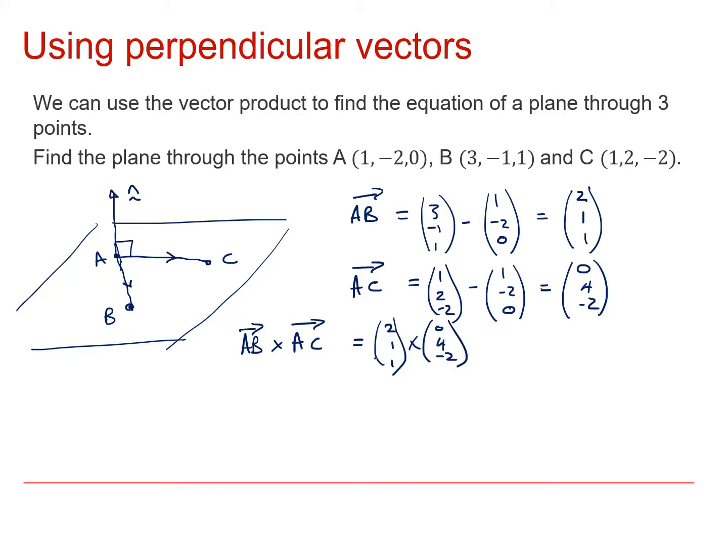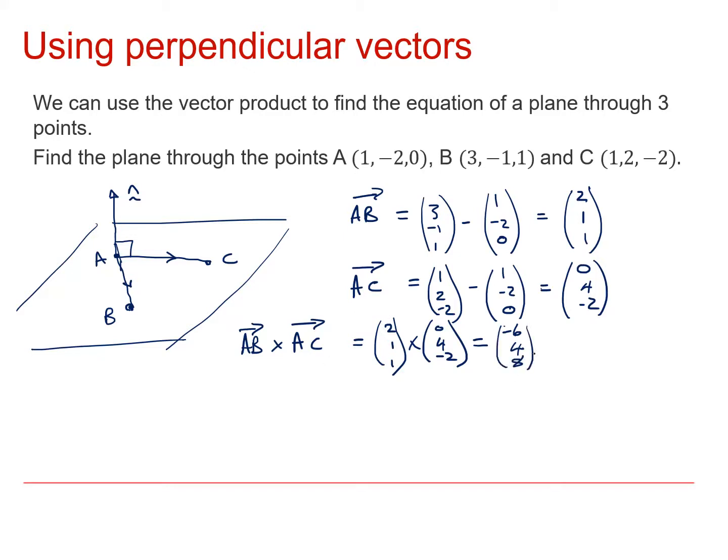And you could at this point use your calculator to work that out. I'm going to do it by hand, so we're going to get minus 2 take away 4 is minus 6. And we'll get nothing take away minus 4 is 4. And we'll get 8 take away nothing is 8.